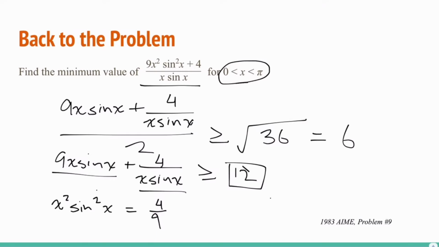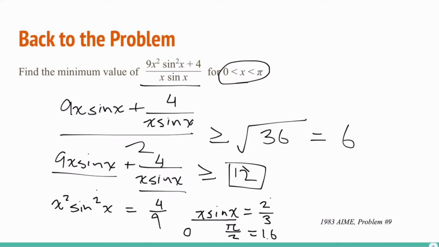So we can disregard the negative solution and get x sin x = 2/3. Now, how do we know that this value is even possible? Well, for 0, x sin x is equal to 0. And for π/2, x sin x equals π/2, which is about 1.6.